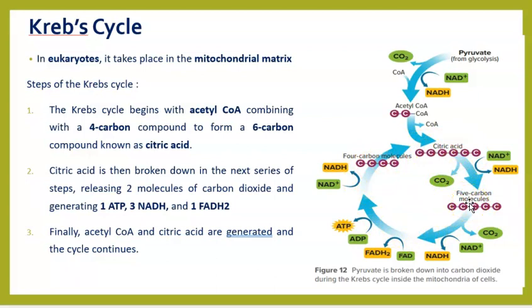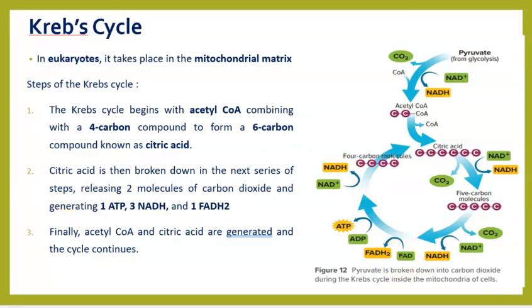Okay, what is important is you should know what are you making out of it. So we are releasing 2 molecules of carbon dioxide, 1 and 2, and we are making 1 molecule of ATP, 3 molecules of NADH, and 1 molecule of FADH2. This is important. You should know the products that you're making.